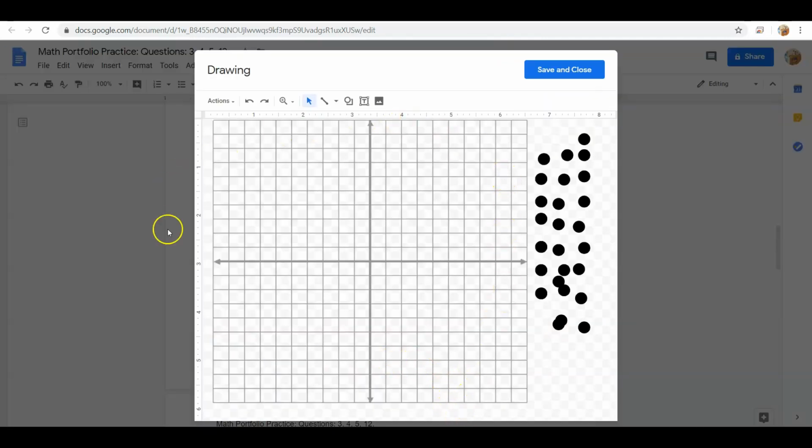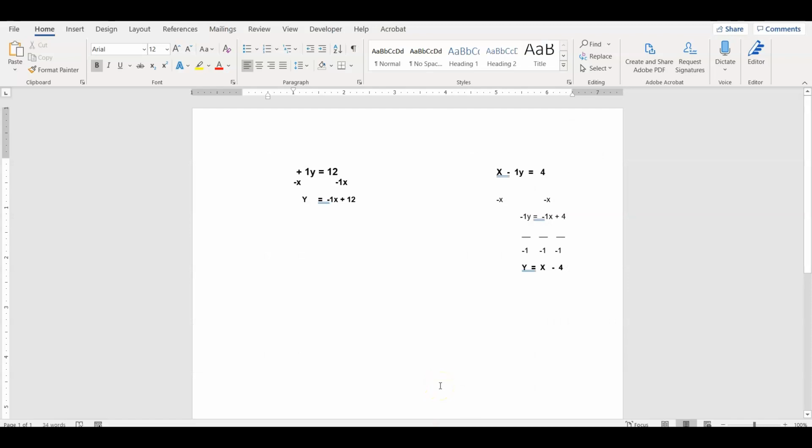So we have this graph, and now we need to graph two lines. So each equation, y equals negative 1x plus 12 and y equals x minus 4, both of these can be graphed, and both of these equations will have their own line. So when I graph them, I will show you how to figure out the solution for these two equations.